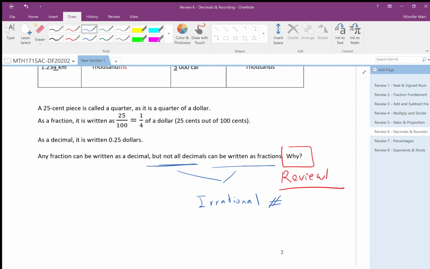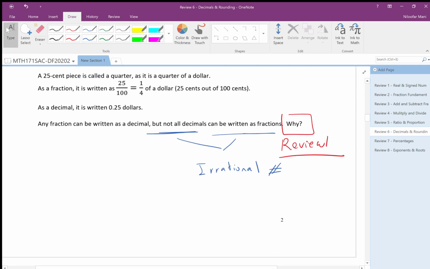But if I have a fraction, any fraction, for sure I can change it to a decimal. But what kind of decimal? When I have a fraction, I either have a terminating decimal or a repeating decimal. Look at this. I have 25 over 100, which is 0.25.